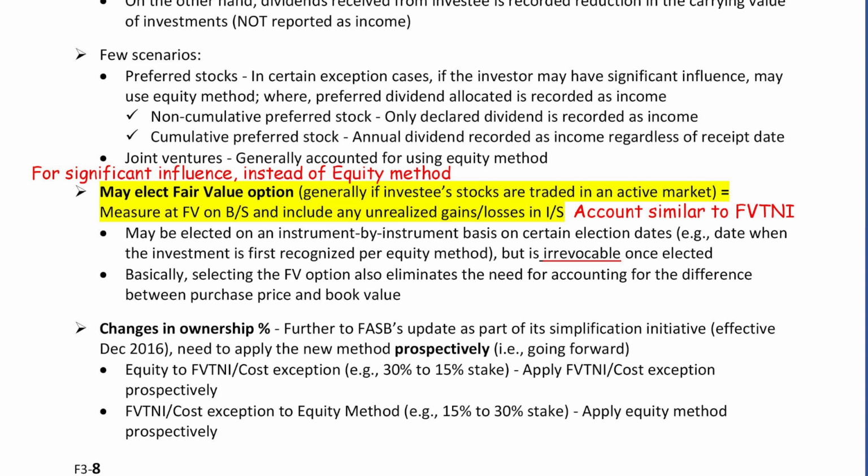That's generally if the investee stocks are traded in an active market, where you measure at fair value on the balance sheet and any unrealized gains and losses go into the income statement. Basically, you would account similar to FVTNI.